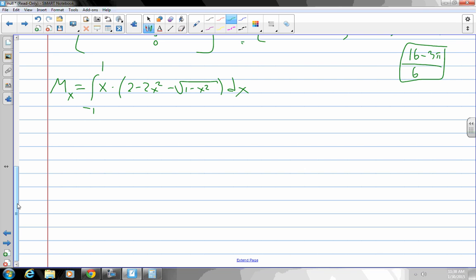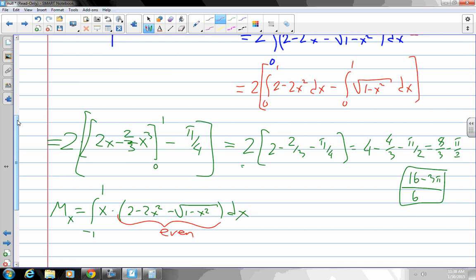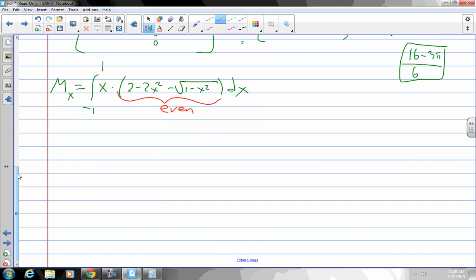Or, I mean, this whole function was even, right? This is what allowed us to introduce that 2 before, right? Well, this function is odd, right? And the product of an odd function and an even function is an odd function. So the whole thing is an odd function.